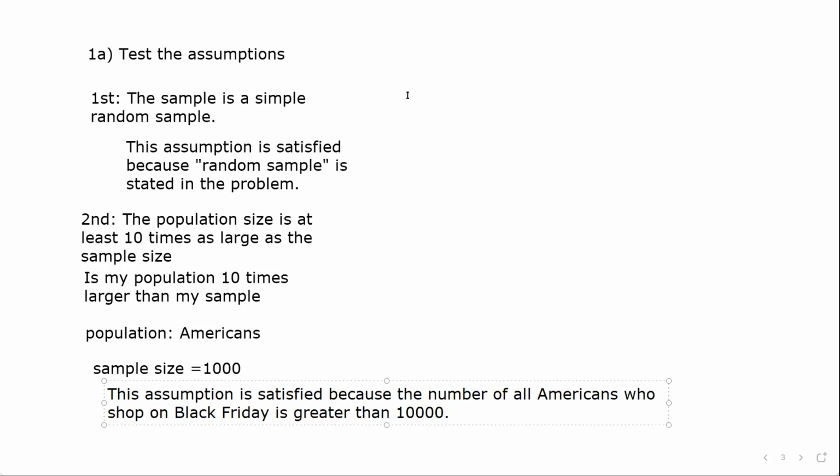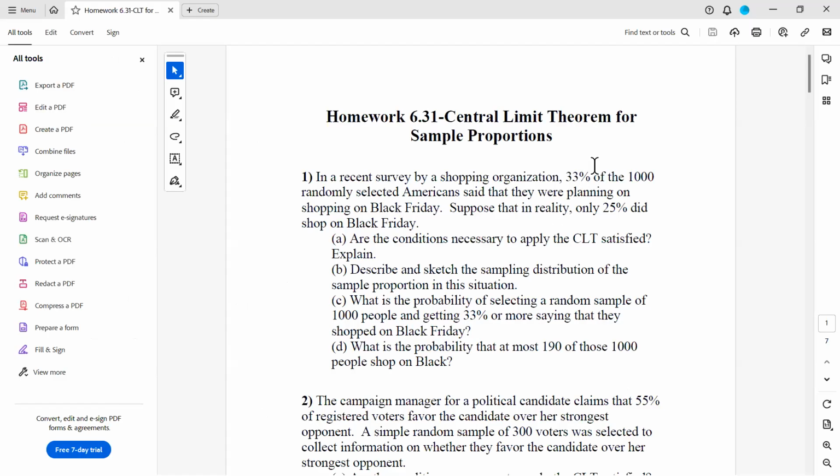Now the third assumption is the mathematical assumption. It's usually the easiest, but it's usually the one that's violated. The trick here is that this particular problem isn't as clear as some of the rest of them about which proportion is which, because they actually gave you two, and not all of them do that.